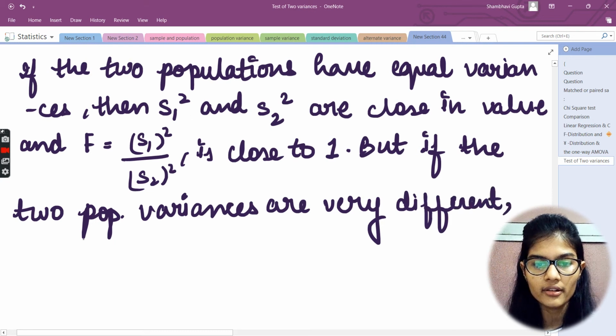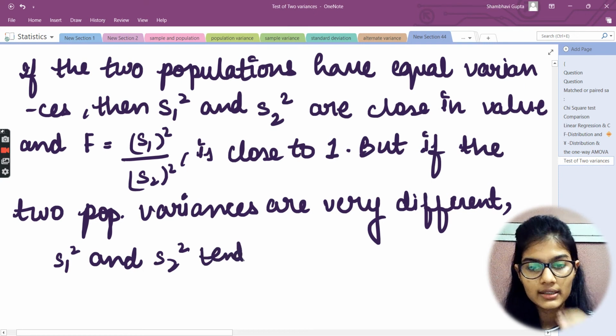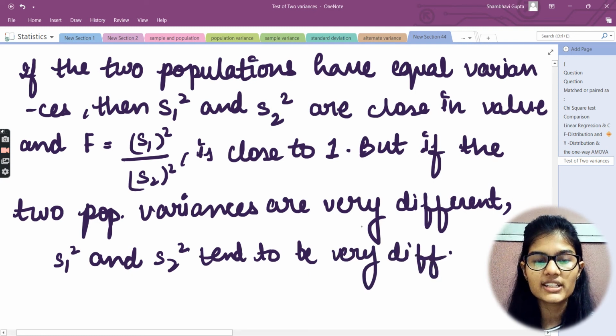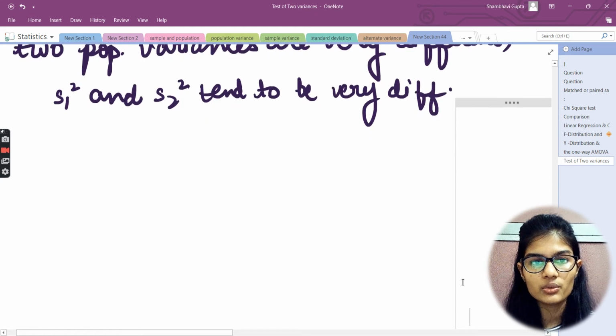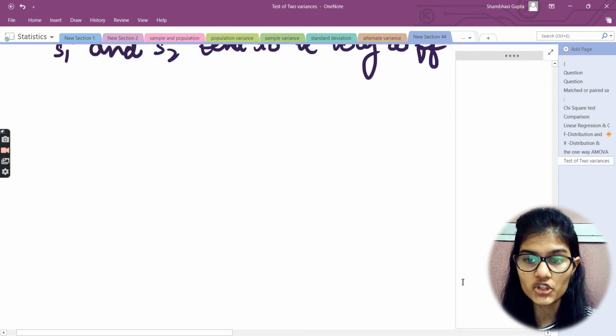Then S1 squared and S2 squared tend to be very different from each other as well.